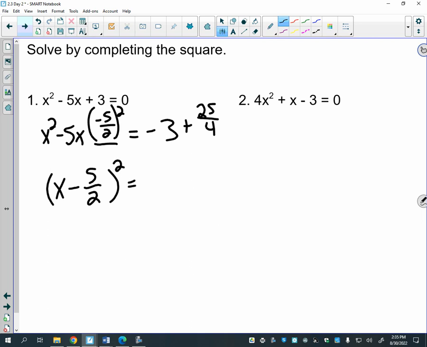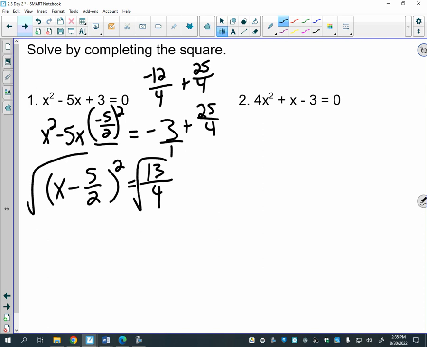And then over here, you can get a common denominator. That would be 3 over 1, so that would be negative 12 over 4. Plus 25 over 4 would give me 13 over 4. And then I would take the square root of both sides. And I get x minus 5 halves equals plus or minus.